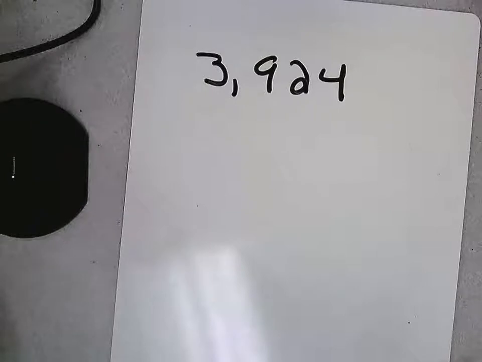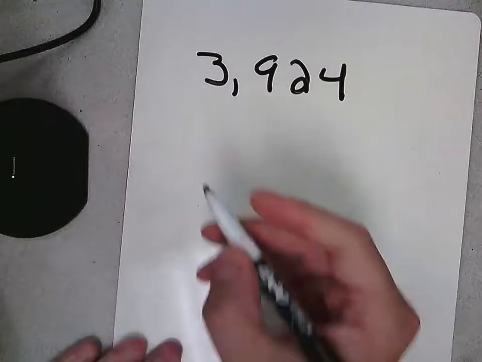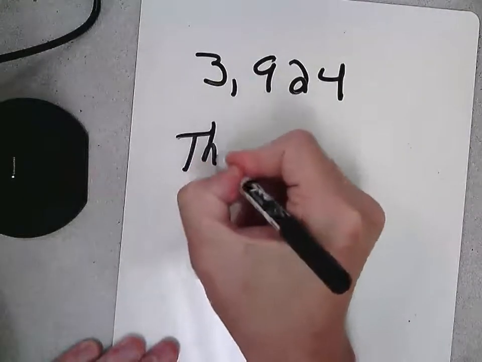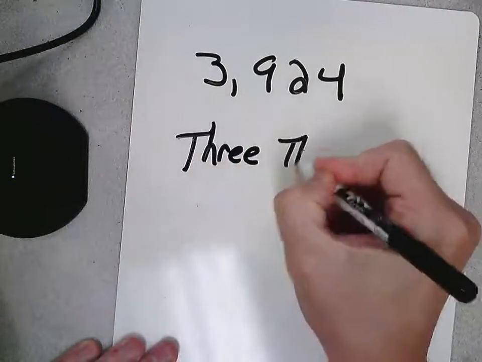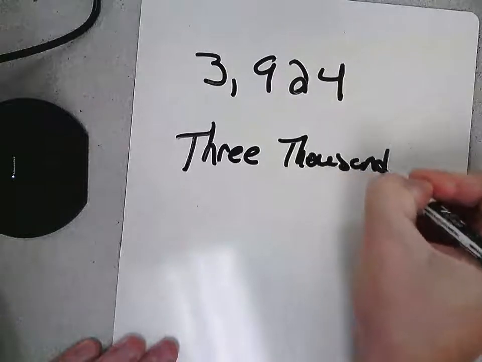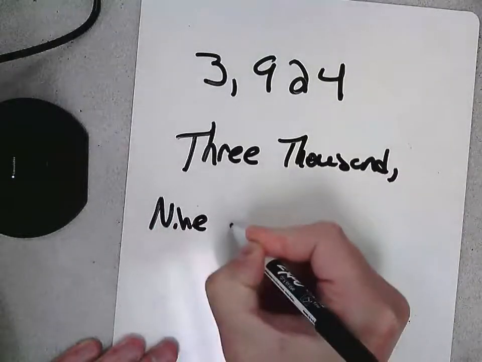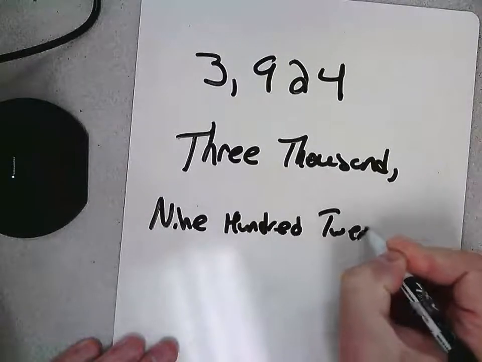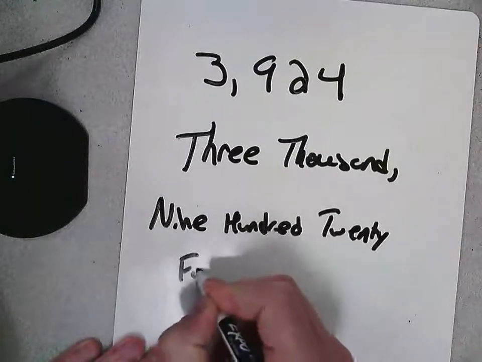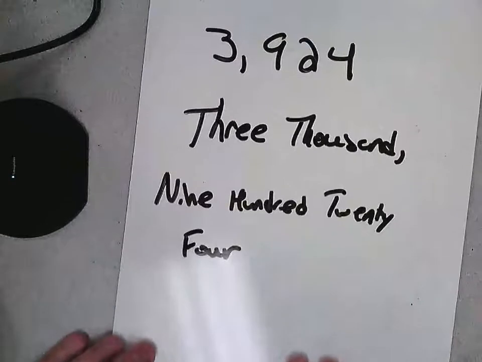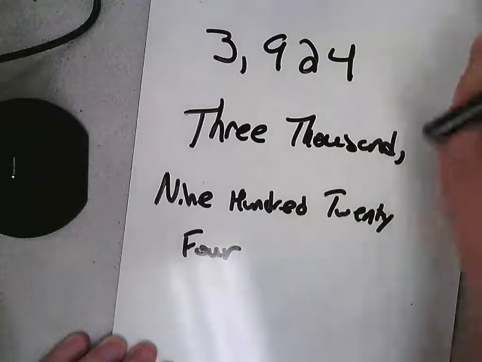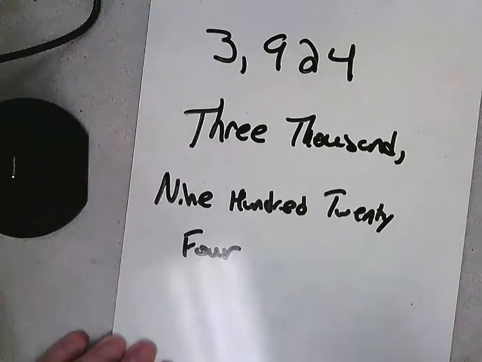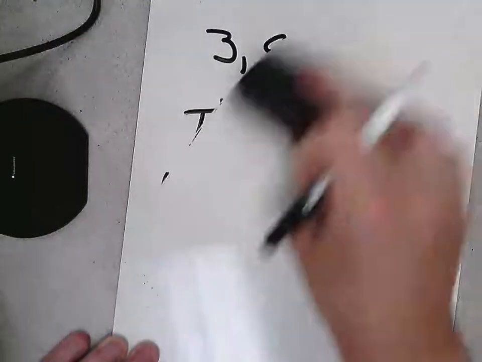So when we read our thousands, and when we read our hundreds, you say it all together. Again, this would be 3,924.